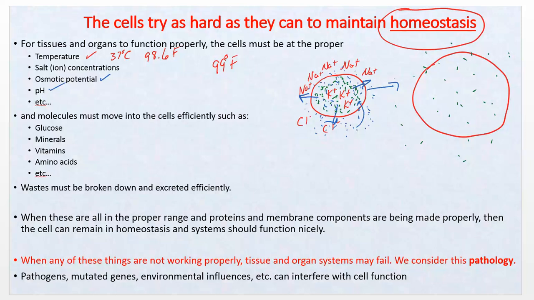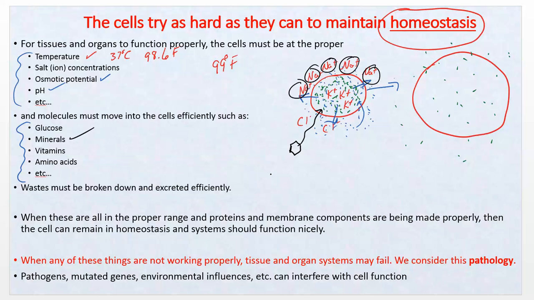so you have to maintain these guys here, but you also have to have the right molecules. Nutrients is what we would call those. We have to have the right nutrients. We have to have a good supply of glucose. Okay, so glucose has to be able to move into the cell, and you have to have a constant supply of that. Minerals, now when we talk about minerals, we're talking about mostly our ions: sodium, potassium, chloride, magnesium, iron.